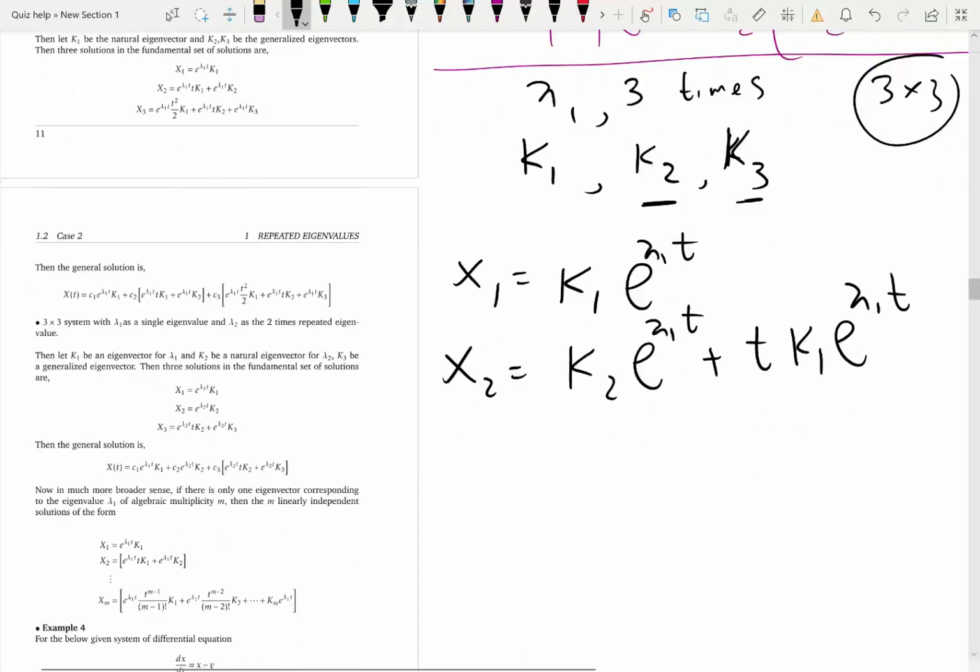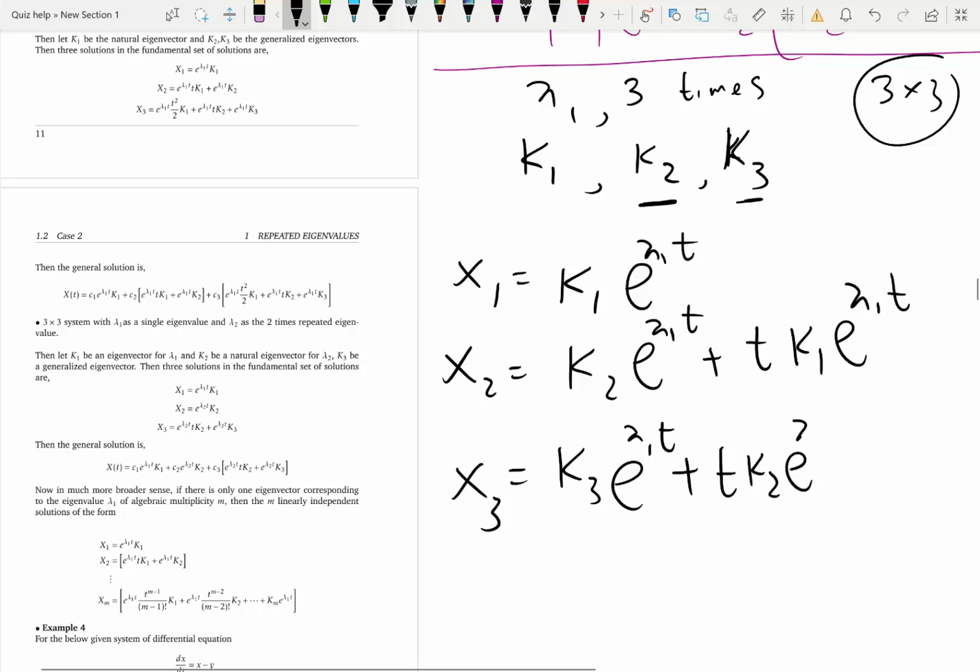Okay, now the third one is k3 e^(lambda 1 t) plus t times k2 e^(lambda 1 t).